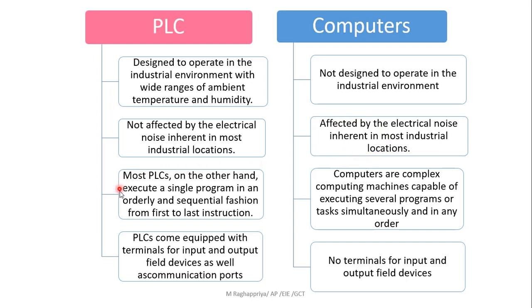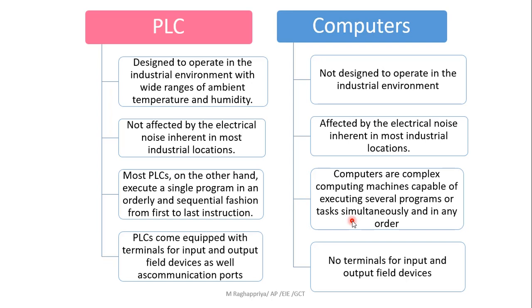Now a PLC executes a single program in an orderly and sequential fashion from first to last instruction. If you remember the PLC scan which I told you, it follows that particular cyclic order only. It reads the input, executes the program, generates an output, and this cycle is continuously repeated. Whereas a computer is not like that.